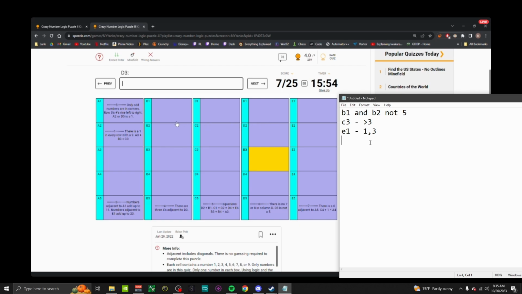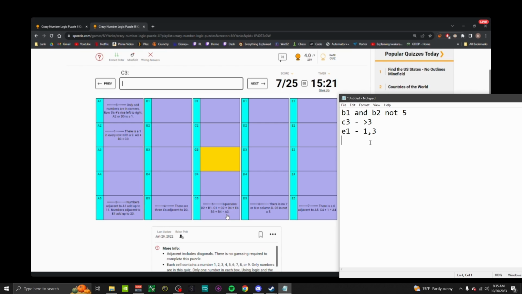A1 is completely useless now, so we don't have to read that anymore. There's a 1 in every row with a 9. We know C3 is at least greater than 3. C3 in this equation. I guess I should look at the equation.